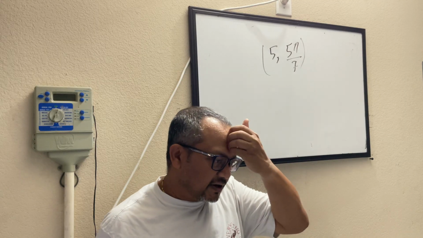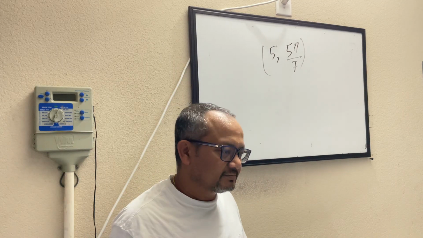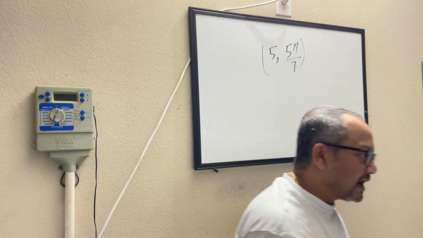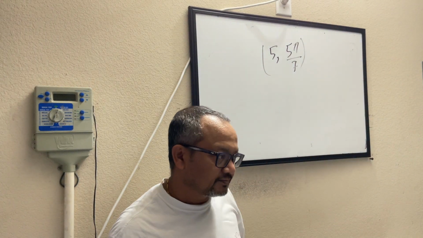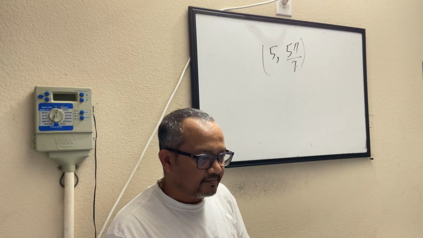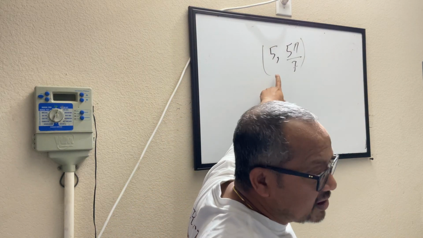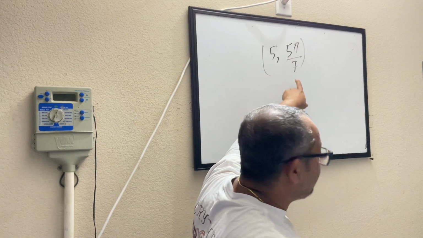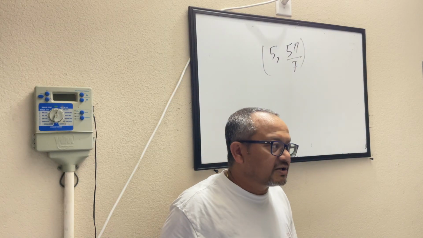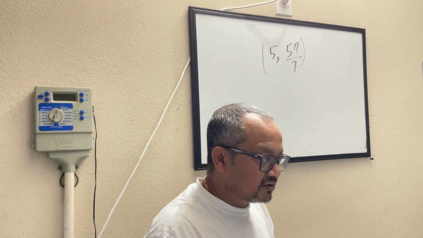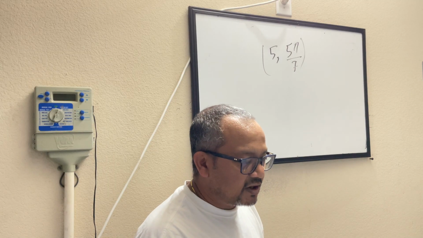Can you guys try giving it a shot? If you want to use a calculator only for calculation purpose, you can. So you are given the polar coordinate 5, 5 pi over 7. You have to find out the Cartesian coordinate for this, or the regular coordinate, whatever you call it. Basically x, y.